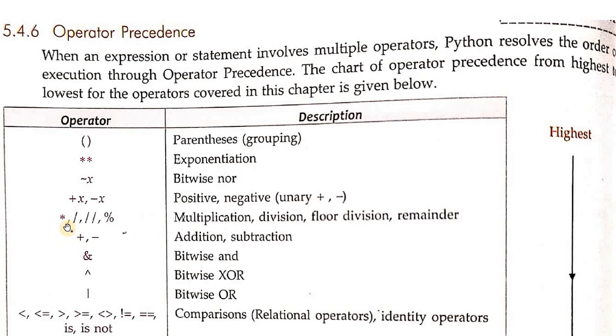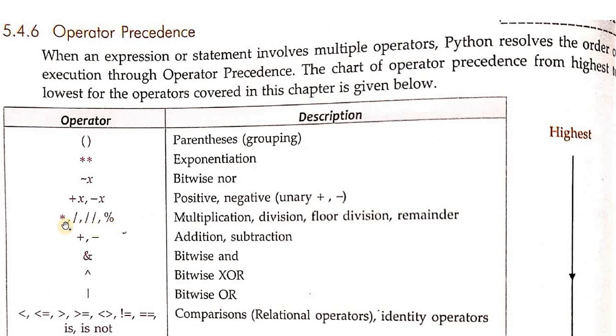We have learned the BODMAS rule in mathematics, in which B is for bracket, O for of, M for multiplication, D for division, then addition and subtraction. So in mathematics there is a rule for evaluating operators, but in computer languages more than one operator may have the same level of priority.